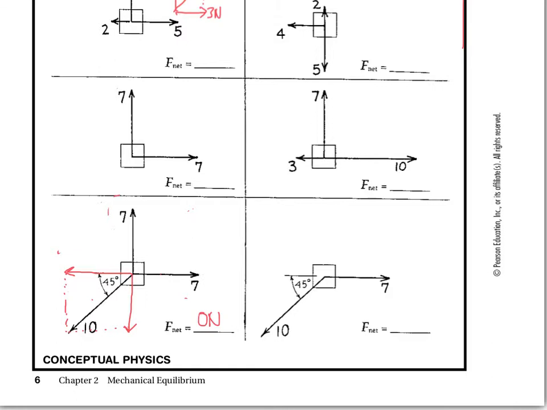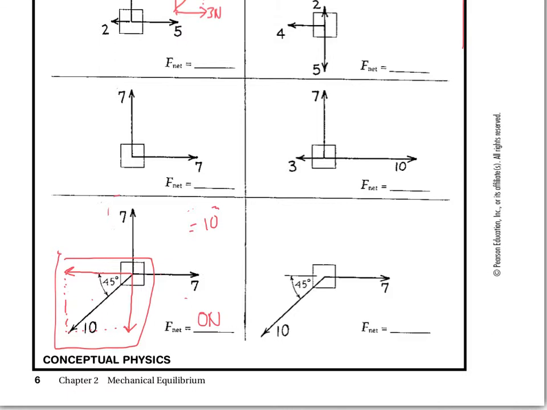So now, instead of having the two sides, we have the diagonal. So we have our c squared, so we have our 10 squared. Since this is a 45-degree angle, this shape right here, this parallelogram, is a square. The diagonal of a square is the only parallelogram that's going to have a diagonal of 45 degrees.